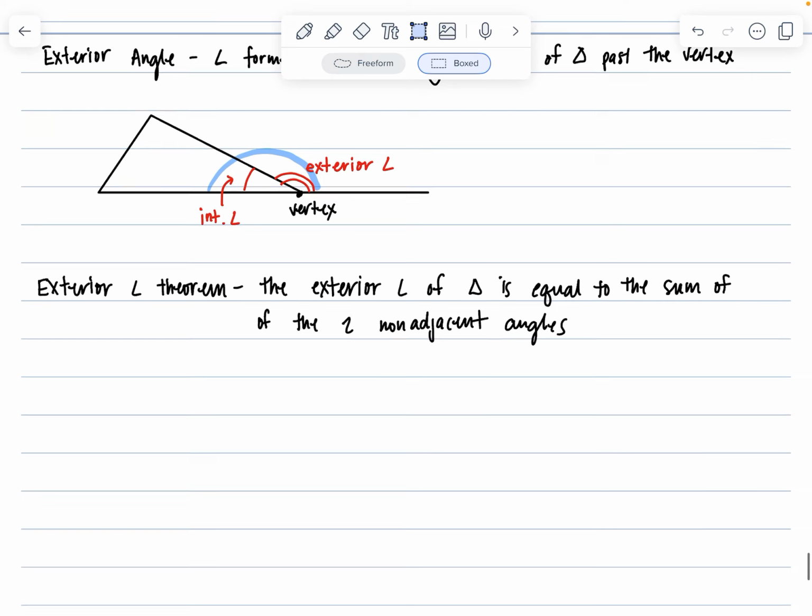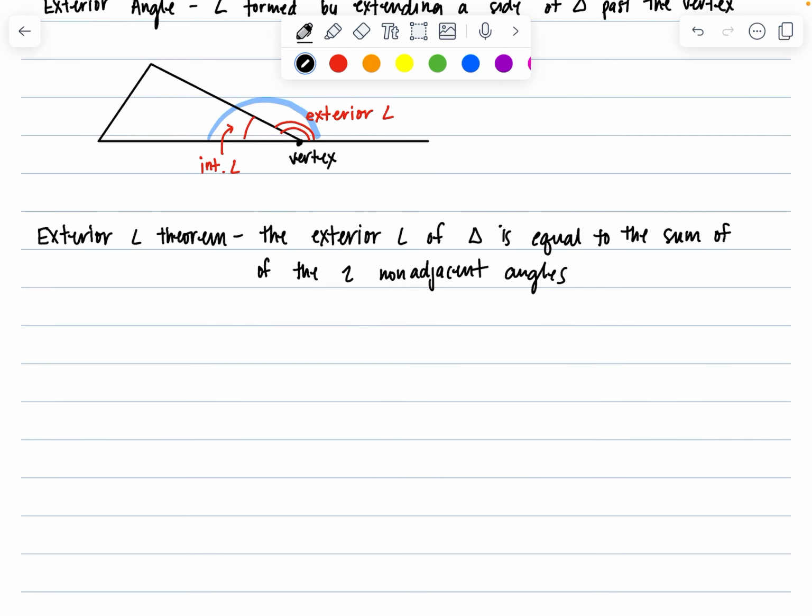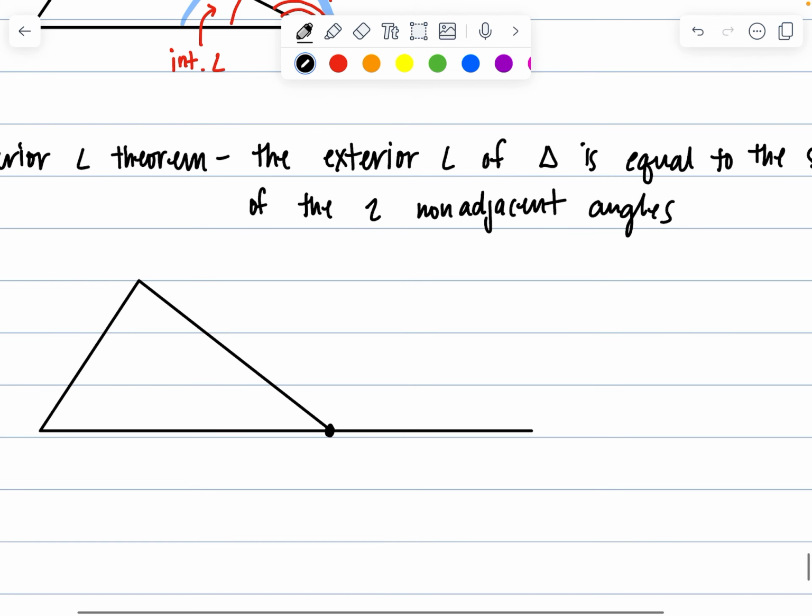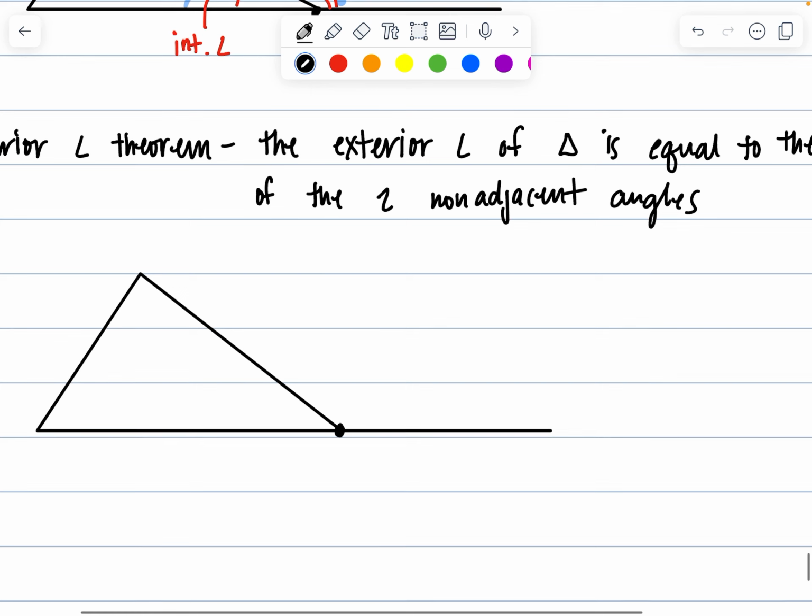Well, if I took this exact same diagram, and I'm going to just redraw it just to create a different visual. If I took this triangle, extended this side past the vertex, and I, for instance, said that we had one angle here that was 70 degrees. Okay, well that means this angle here has to be the supplement to it, and 180 minus 70 is equal to 110.